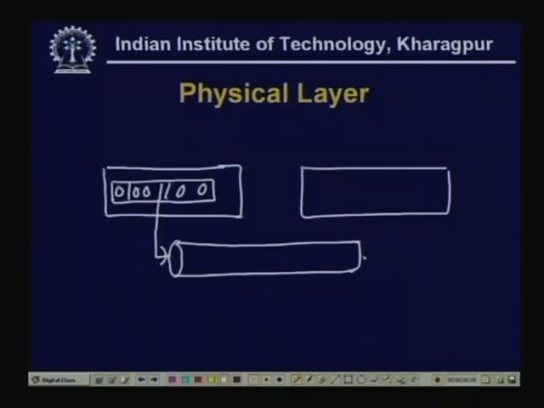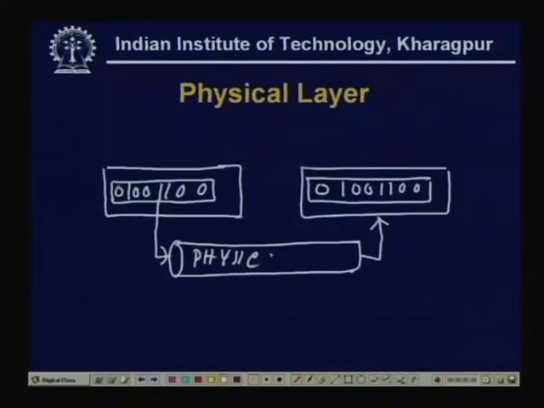The other side will receive the same thing, 0 1 0 0 1 1 0 0. I have shown two physical layers communicating through a physical medium, and here is the raw bit stream.